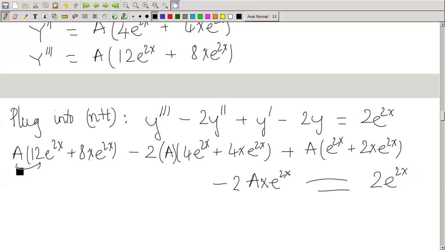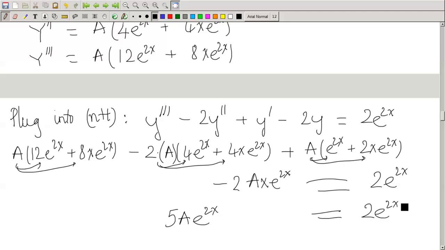Now we need to do algebra, distributing the 2a into here and simplifying, collecting like terms. You may pause the video and try it yourself here, but you will get 5a e to the 2x on the left side, and on the right hand side we still have 2e to the 2x.